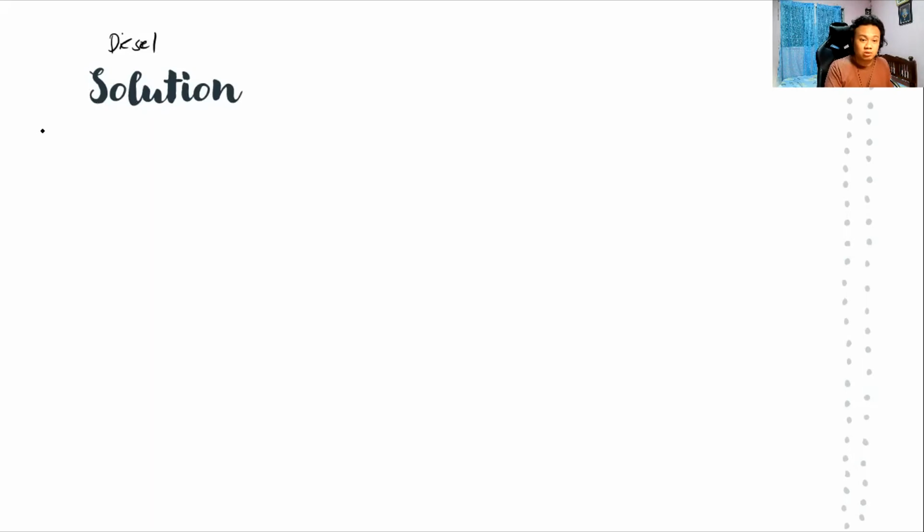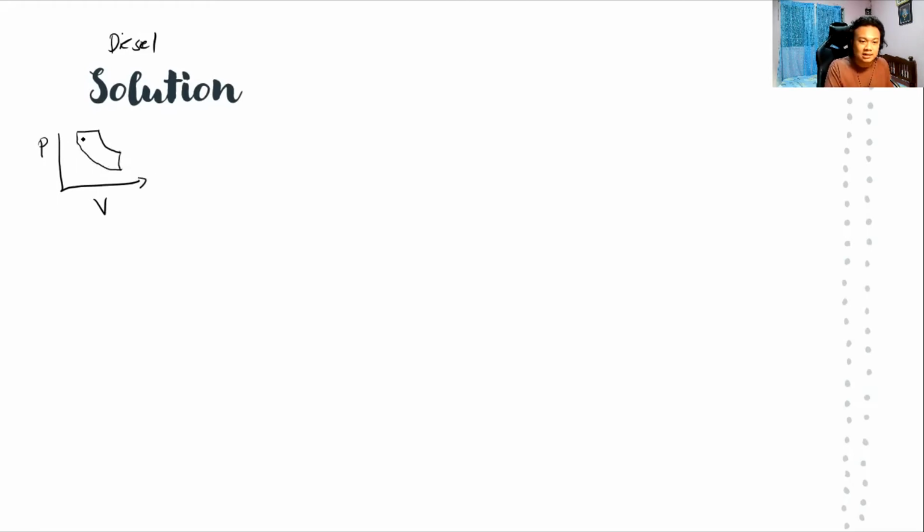Okay, so for the PV diagram of the diesel engine, how I memorize this is that it looks like a macaroni salad, elbow pasta.